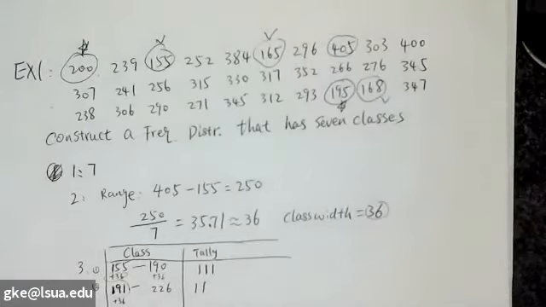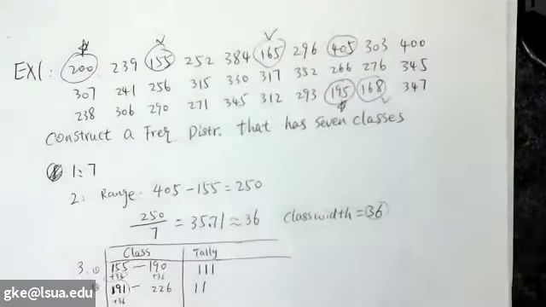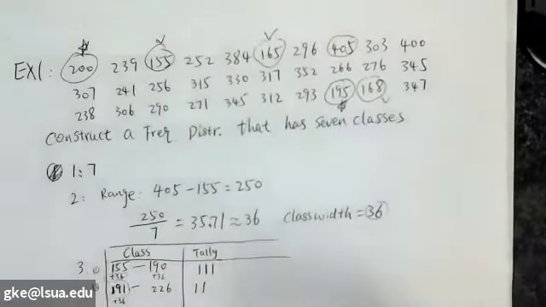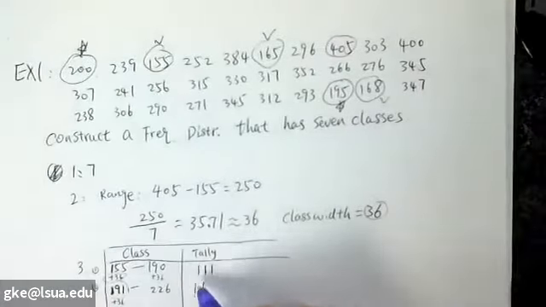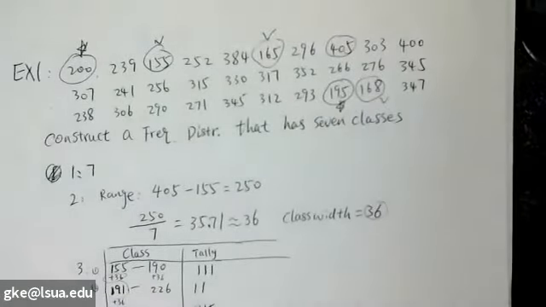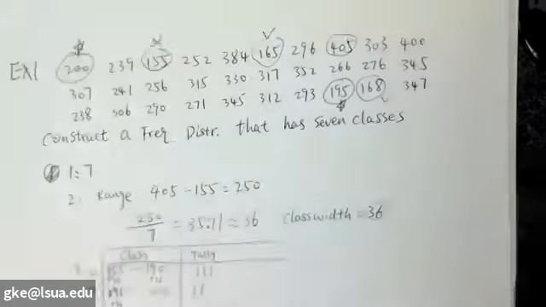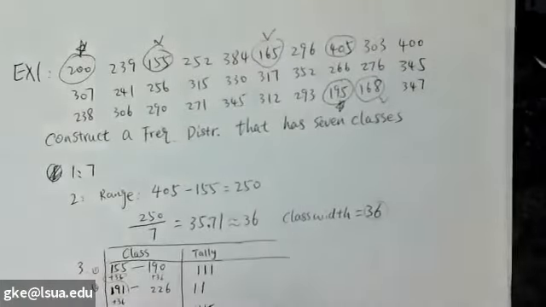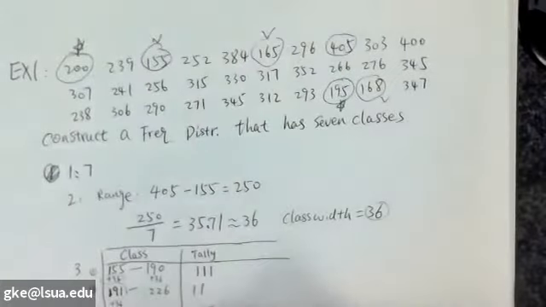Similarly, you can do the same thing for the other classes. For these classes, I just write down the numbers. They are 5. For class 4, you can find 6.